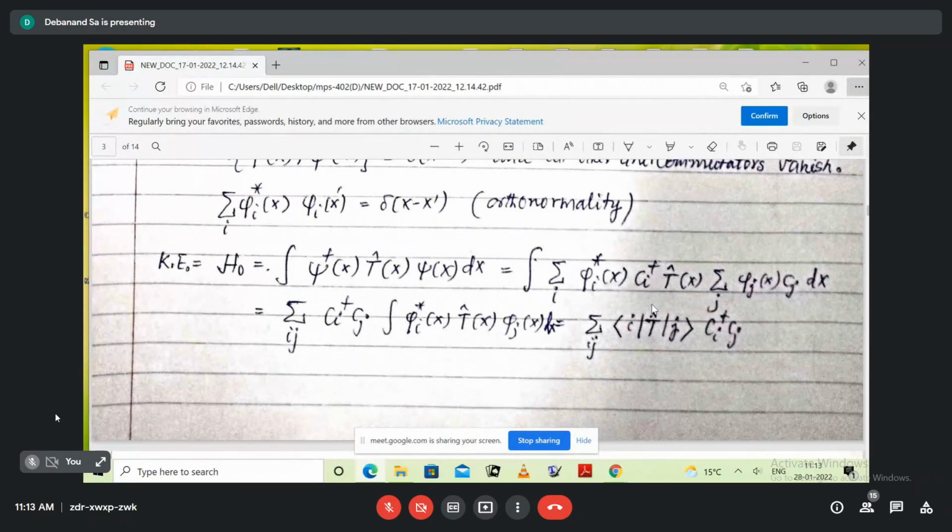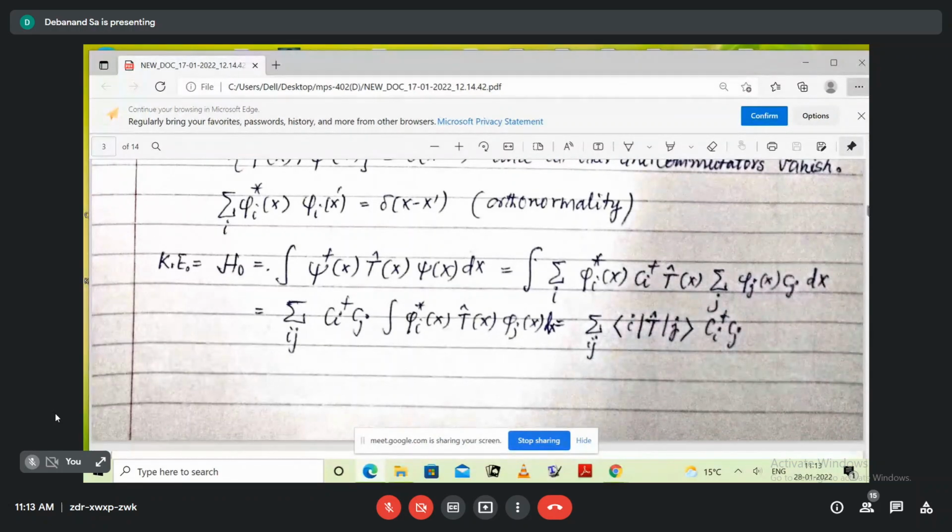So this is basically the matrix element of the kinetic energy operator in this ij basis. And then of course you have Ci Dagger Cj. These are basically second quantized creation and annihilation operators. So your kinetic energy looks very simple. And any one body operator is going to be something like this.